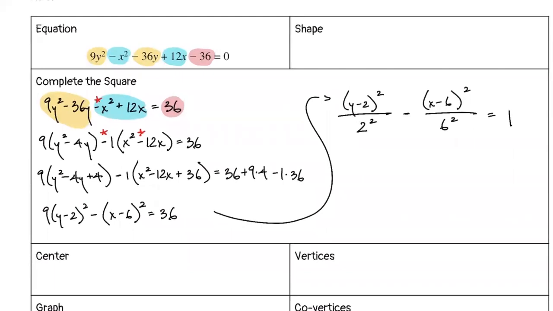I had a question. For sure. Just to clarify, so the reason why we're changing the sign from addition, even though we're adding into the x squared minus 12x plus 36, even though we're adding the 36 to do the completing the square, it's basically like subtracting that, and that's why we're subtracting it on the other side of the equal sign.